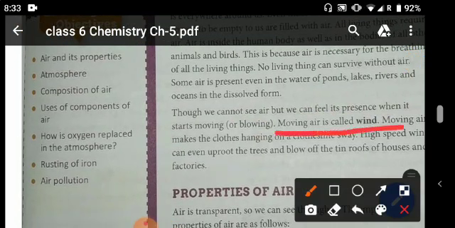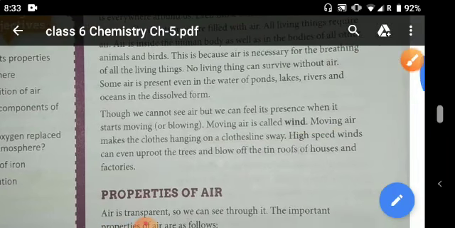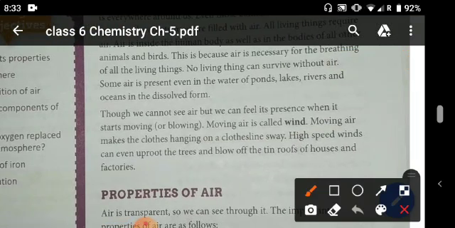Moving air makes the clothes hanging on a clothesline sway, which helps in the drying of clothes, and high speed winds can even uproot trees and blow off the tin roofs of houses and factories. That means fast moving air is more powerful.